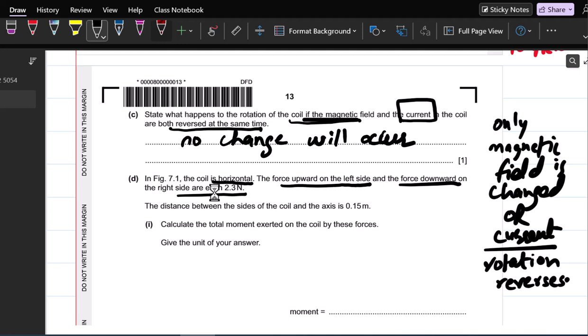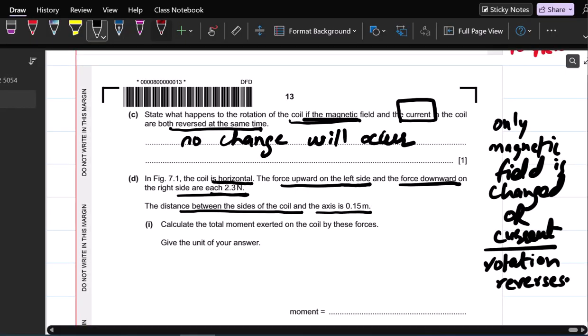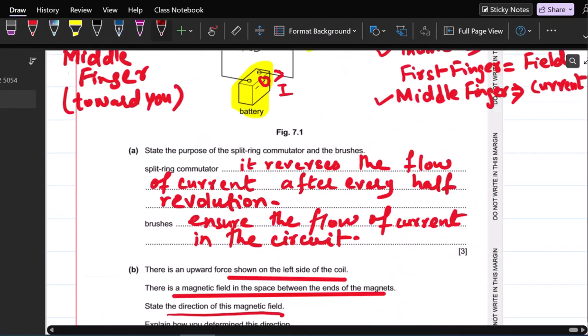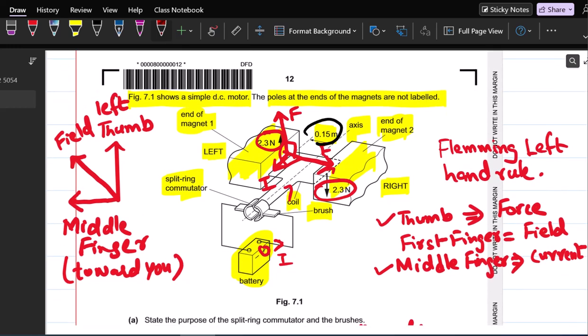The distance between the sides of the coil and the axis is 0.15 meter. So you can see here in the diagram, that is 7.1, this is the distance 0.15 between axis and the edge, and this is the force.